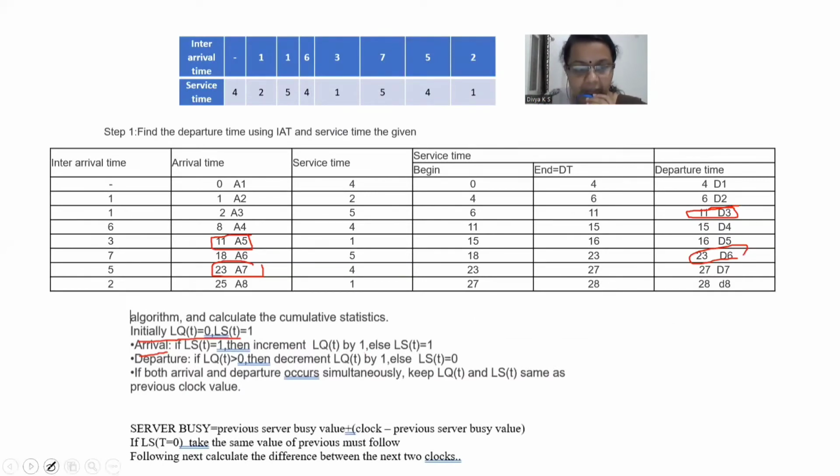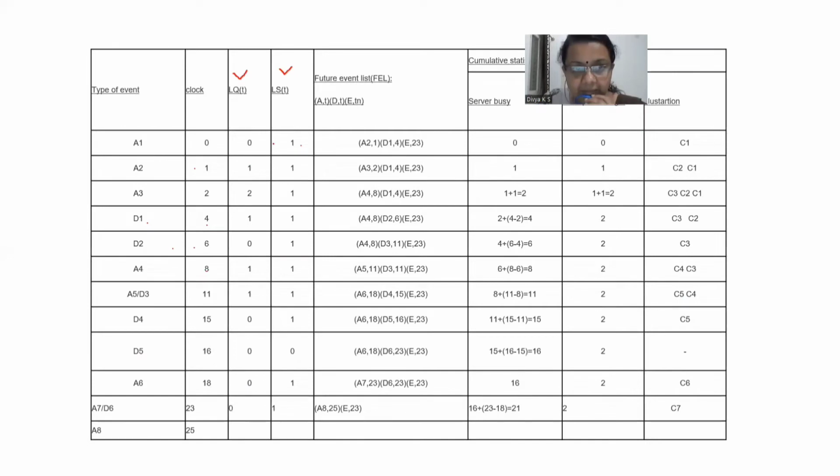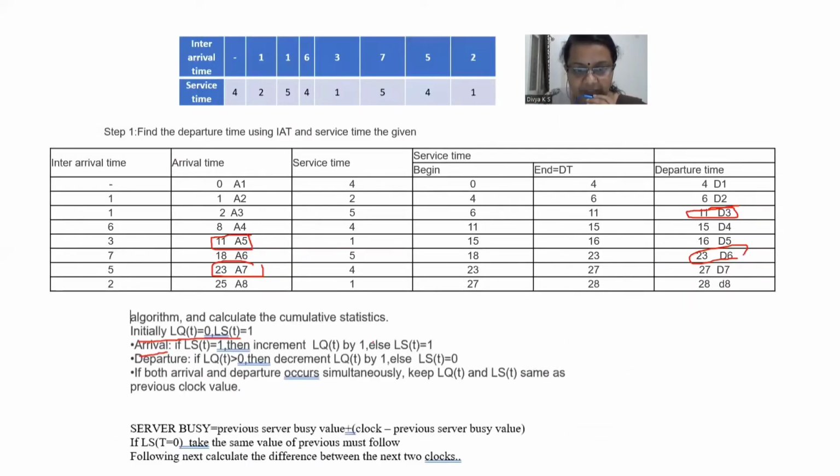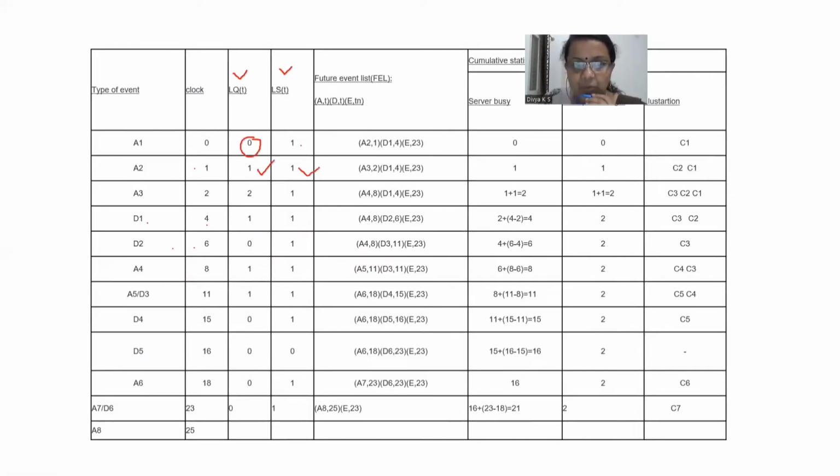What is L of QT previously? 0. 0 plus 1, what is the answer? 1. L of ST, what do you have to do? You don't have to do anything. Don't touch L of ST, keep it as it is. L of ST equal to 1 only. This is where everyone has doubts.